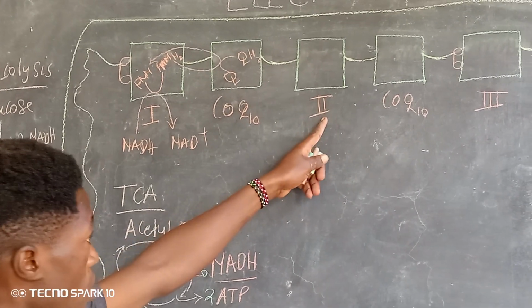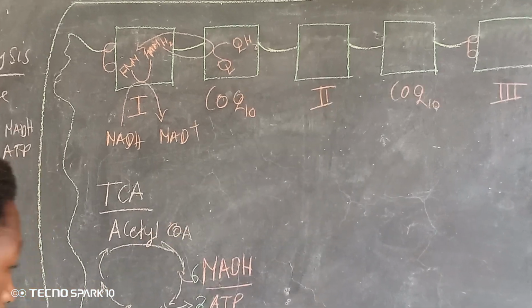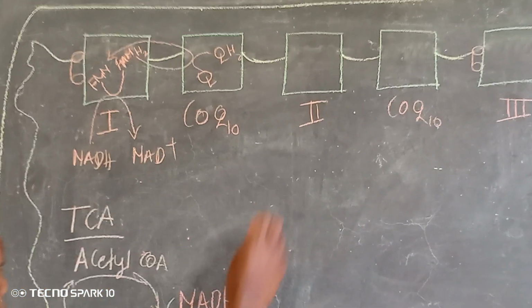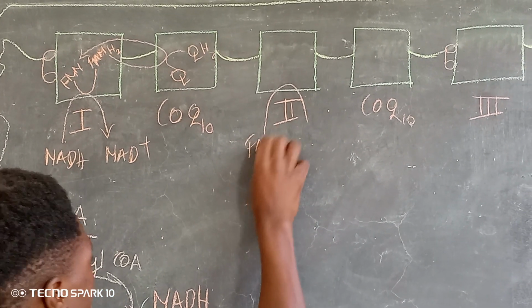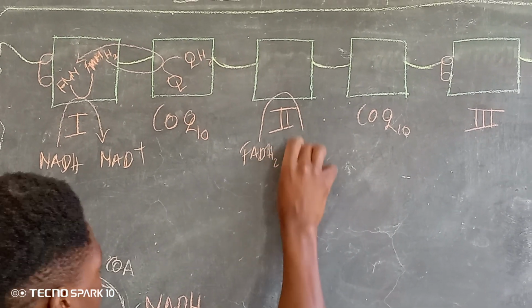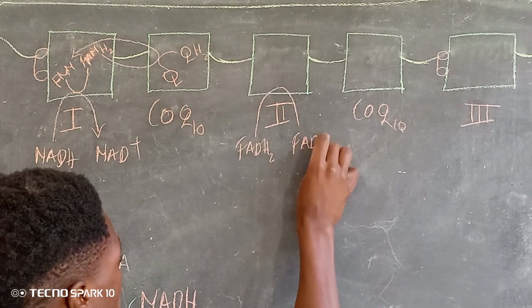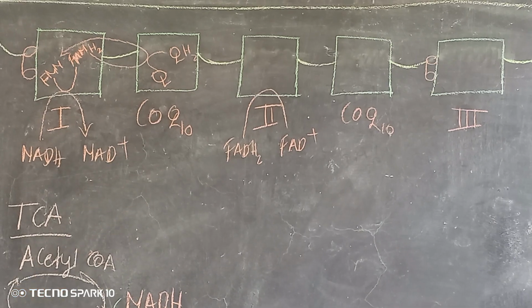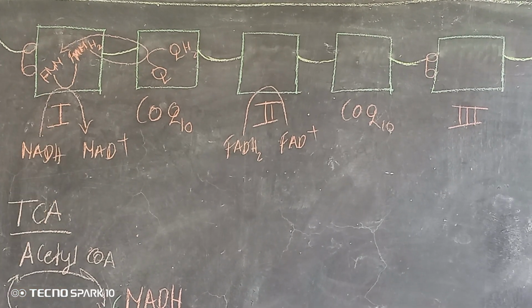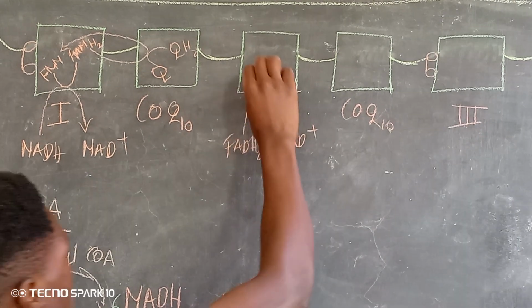When you get to complex 2, we are not going to use NADH. We have FADH2. FADH2 is going to unload the electrons. It's going to be oxidized to FAD, right? And who is going to take the electrons? The same molecule, flavin mononucleotide.